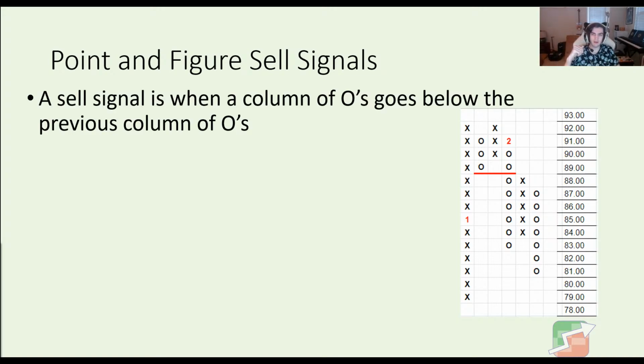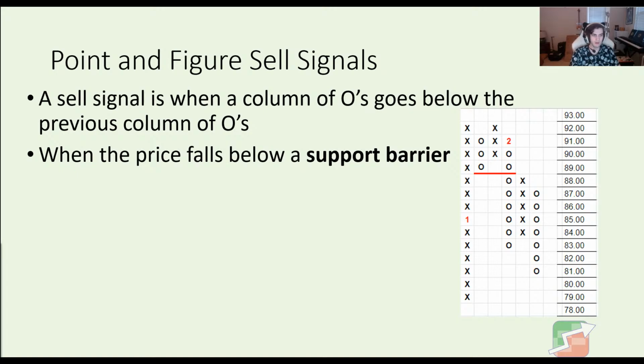So here we have a sell signal where we have a column of O's that goes below the previous column of O's. But instead of calling it a resistance barrier, we're calling it a support barrier. It's now not the ceiling, it's now the floor.